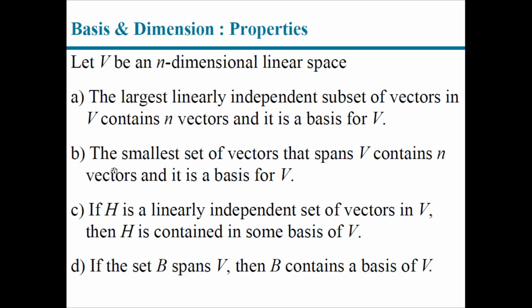And then something similar, the smallest set of vectors that creates V or spans V contains n vectors, and this is also a basis. So if I want to create, let's say R2, I can create it with 2 linearly independent vectors, or 3 vectors, 2 of which are independent, or 4 vectors, 2 of which are independent, or 75 vectors with 2 components, 2 of which are independent.